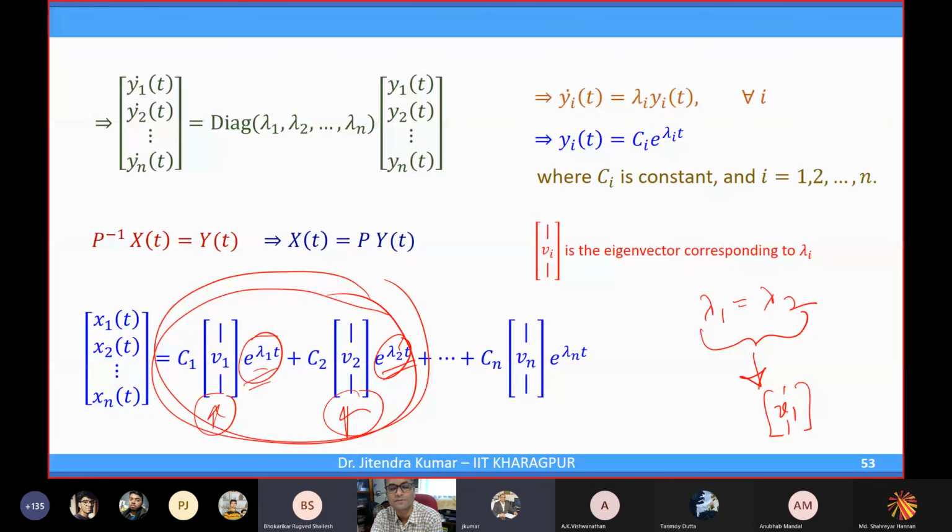You are not even getting n arbitrary constants, whereas the system says you will get n arbitrary constants if it has n equations. So that is not the solution. If your matrix is not diagonalizable, you cannot write this.